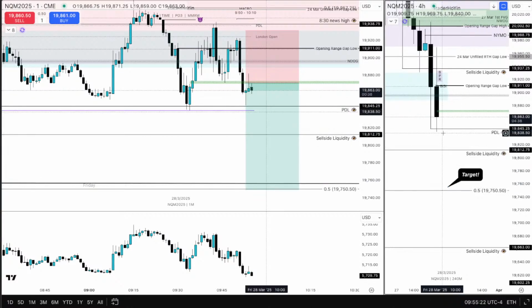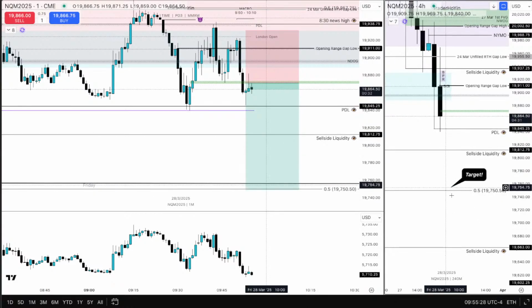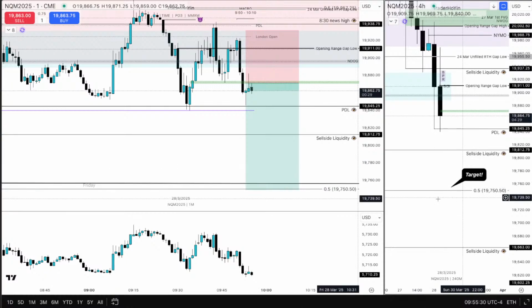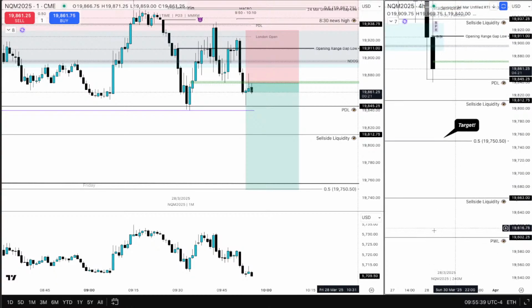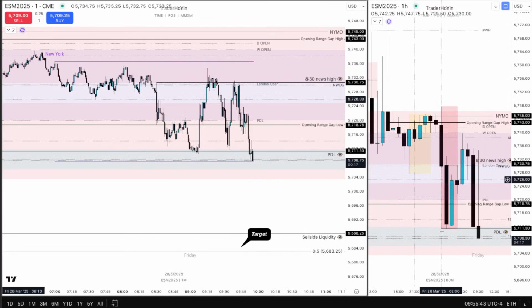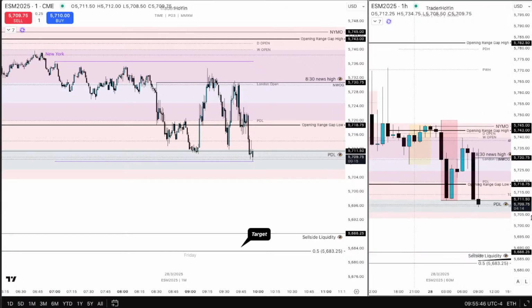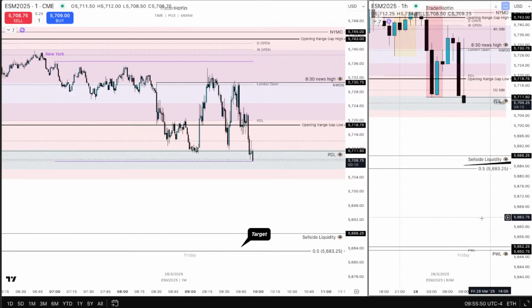But sometimes if NQ wants to drop, it can drop really aggressively and take out this daily wick consequent encroachment and this sell side, and also perhaps the previous weekly low, because the ES is lower, and the target is further away.